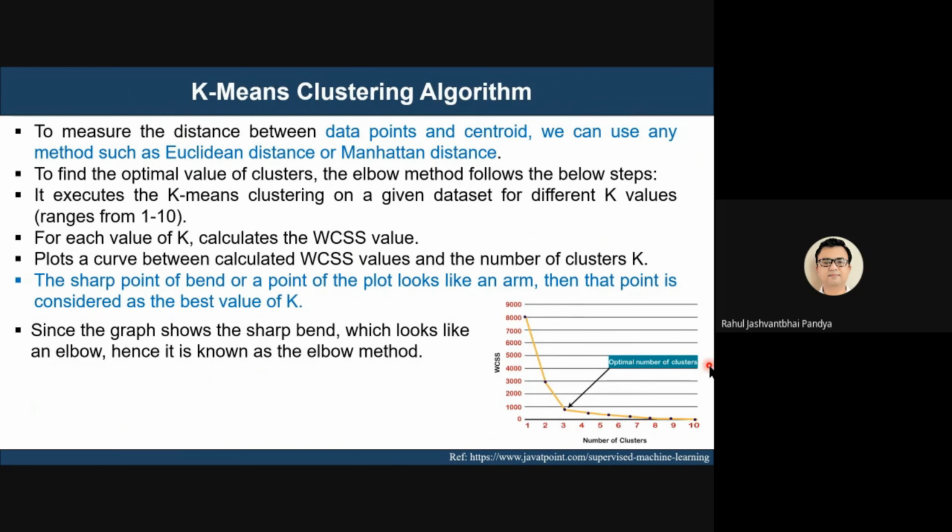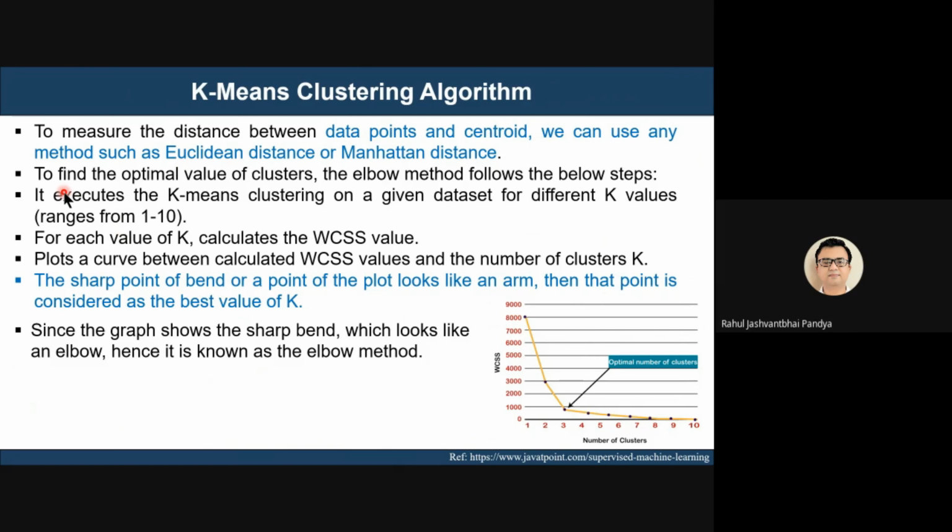To measure the distance between the data points and centroids, we can use any method, such as the Euclidean distance method. That is also a good method, where you identify the Euclidean distance between the data point and the centroid.